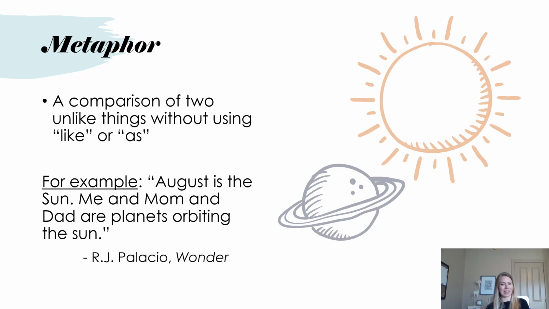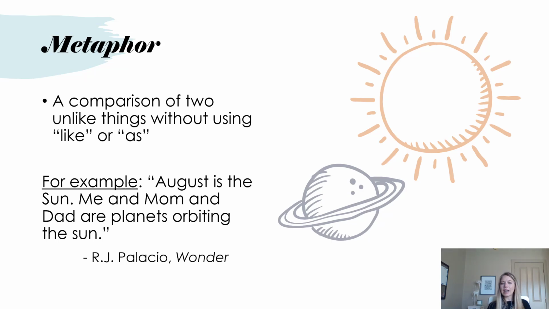Metaphor. Second one. This is a comparison of 2 unlike things. So you're right, that already sounds very similar to simile without using like or as. And here I pulled from Wonder. "August is the sun. Me and Mom and Dad are planets orbiting the sun."